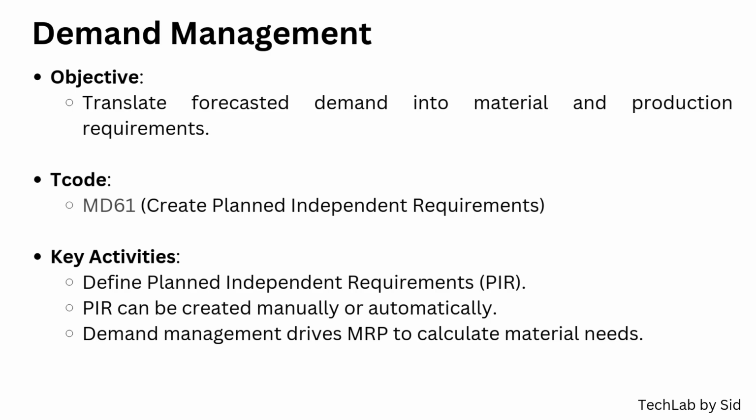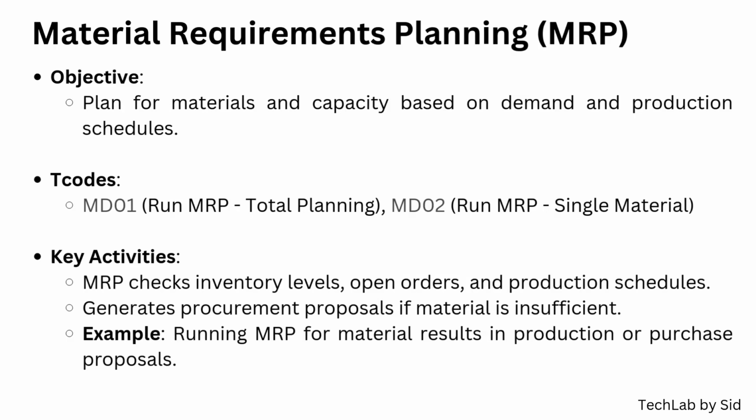These PIR represent the predicted demand for materials, and they help in driving the material requirements planning process. Demand management ensures that the right amount of material is available for production at the right time, preventing shortages and delays. Following demand management, we move to material requirements planning.